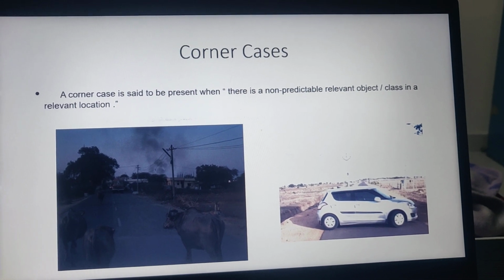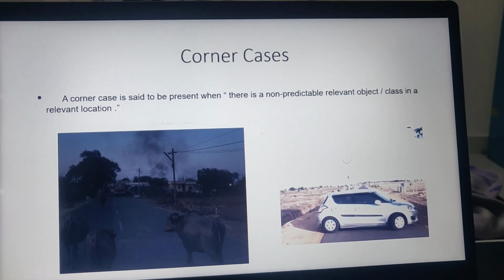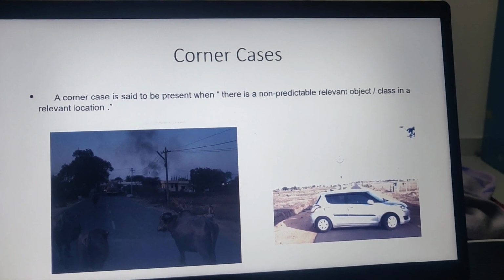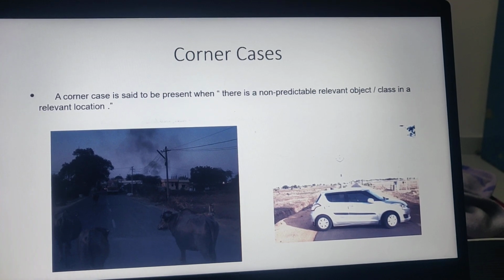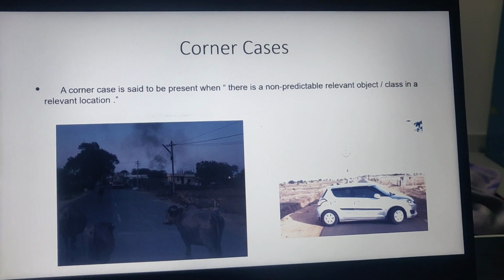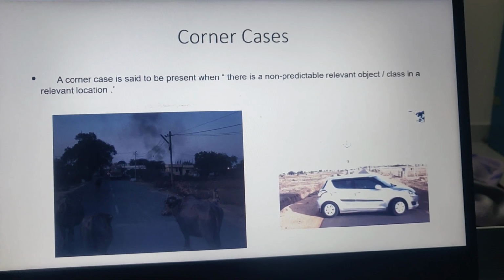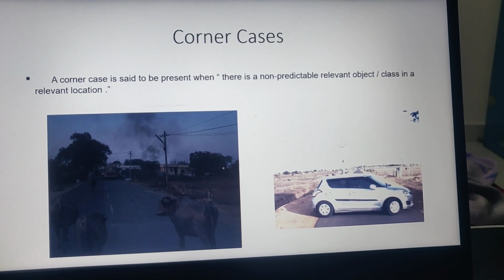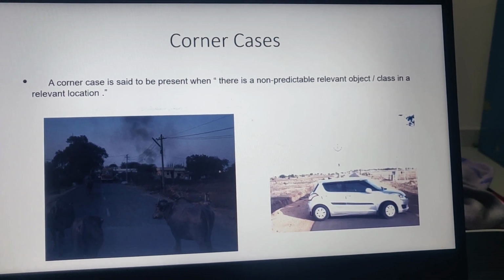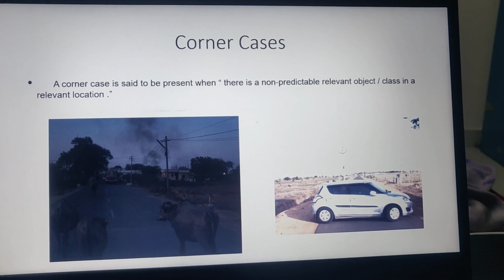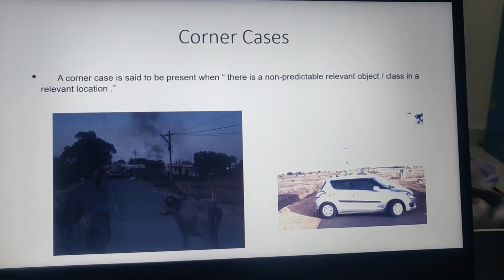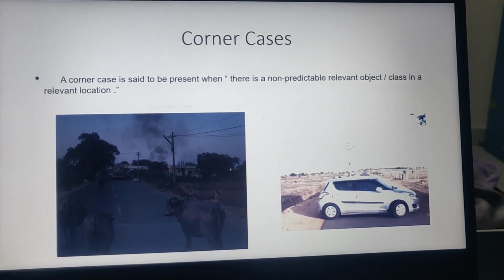The Indian Driving Dataset consists of a large number of pictures collected by tying a camera to the front of the car in 2 of the major cities of India, Hyderabad and Bangalore. So what we have done is consider the Indian Driving Dataset and use it to create another dataset consisting of corner cases that will enhance the creation of the machine learning model that is going to detect the objects.